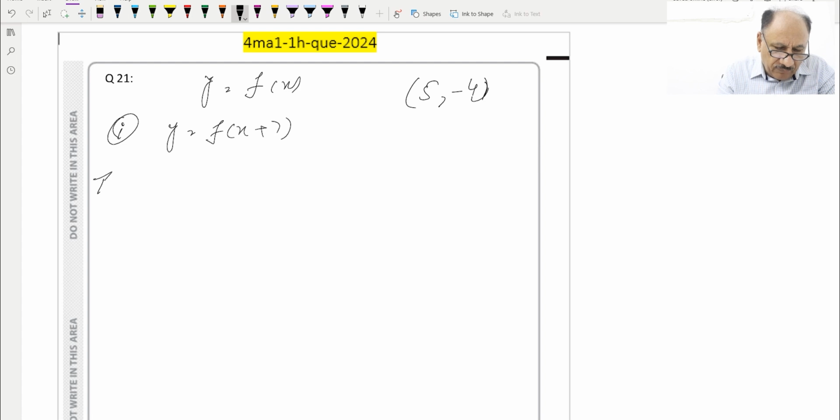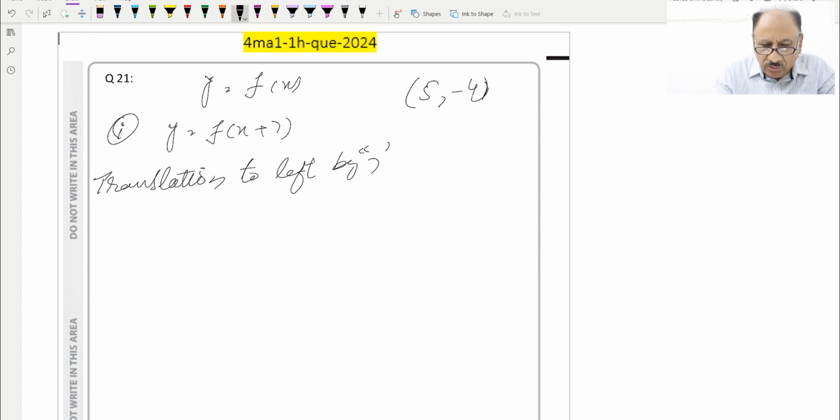So I will write for you: translation of the curve or point, whatever, translation to the left by 7 units. On the x-axis, for example, 5 and minus 4 will be over here.